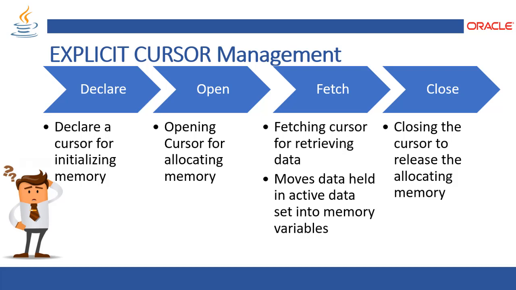After opening the cursor, you have to fetch from the cursor for retrieving data, which moves the data held in the active data set into the memory variables. And once the fetch is done, you have to close the cursor to release the allocated memory. So these are the four major steps to create an explicit cursor.